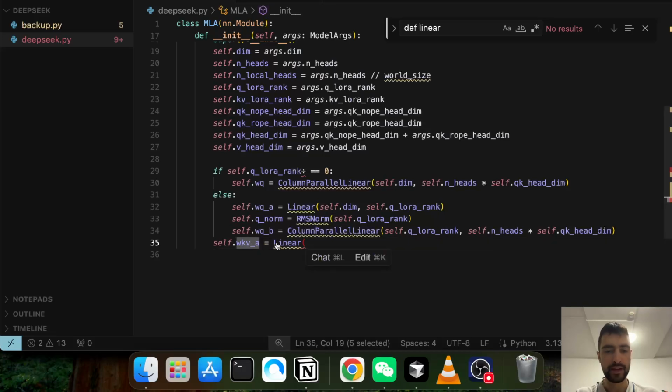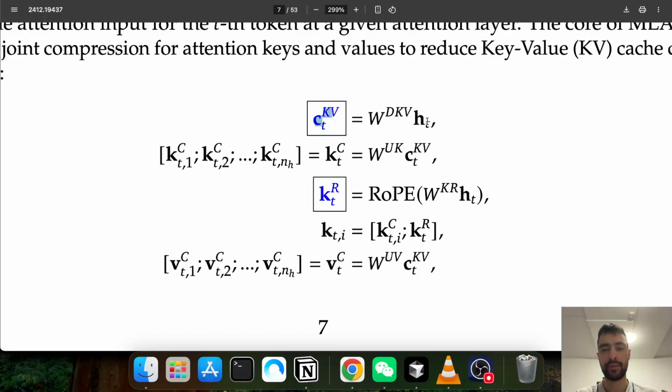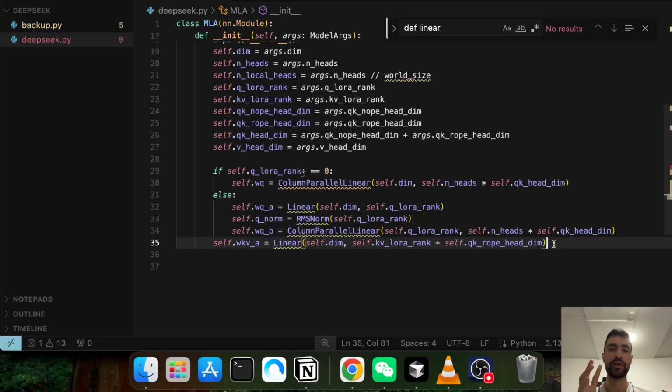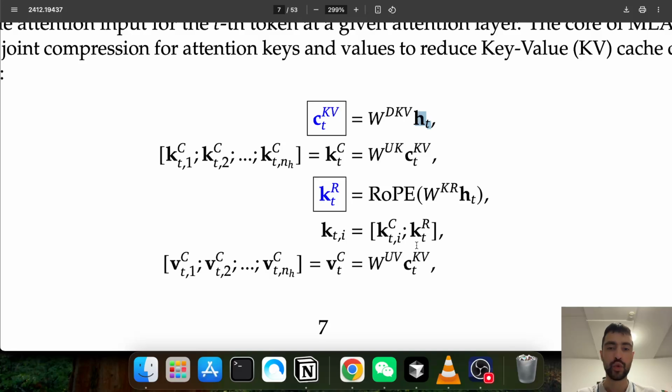So it's going to be linear. Input self dimension, as I explained, the dimension of the input token. Output will be KV LoRa rank plus QK rope head dimension. Now, they are using some tricks to combine some of these operations into one, so it's more computationally efficient.